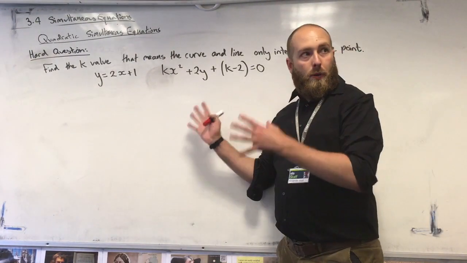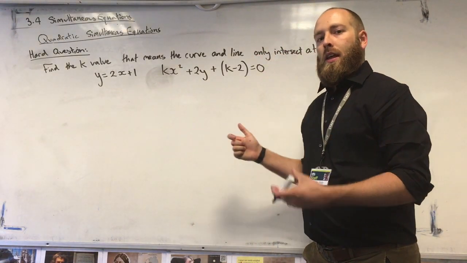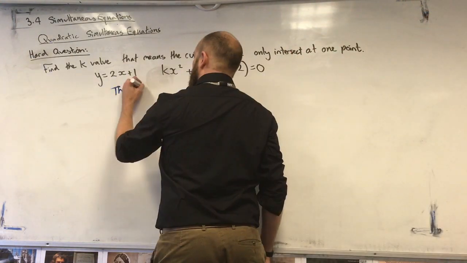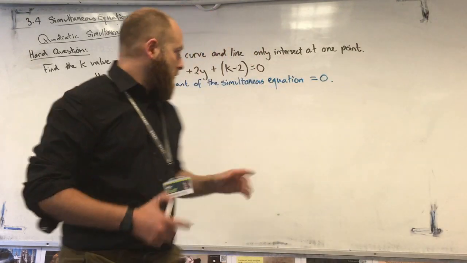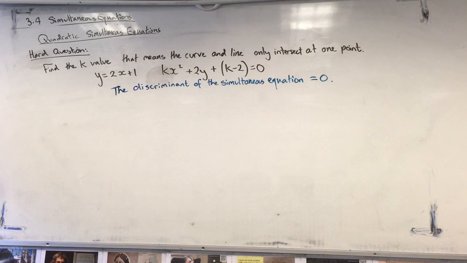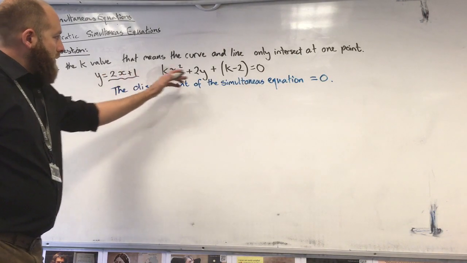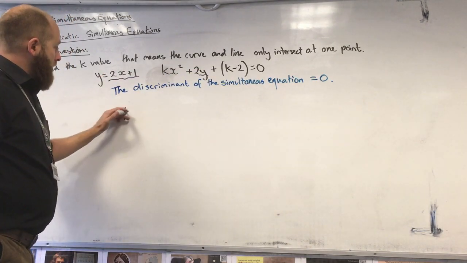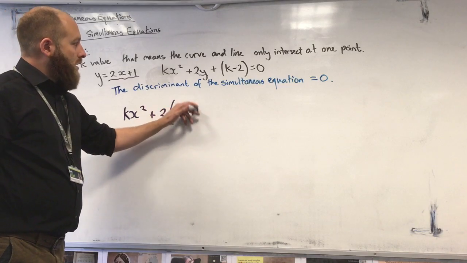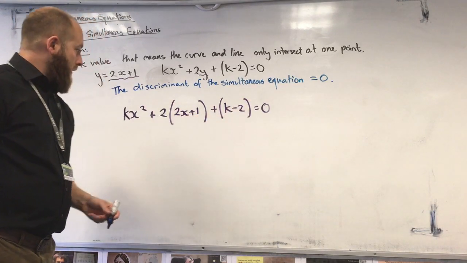Alright, so if they only meet at one point, it means that the discriminant of the simultaneous equation is going to be equal to 0 because it only has one solution. So let's start off with finding the simultaneous equation. We're going to substitute 2x plus 1 into y, so kx squared plus 2 lots of 2x plus 1 plus k minus 2 equals 0.